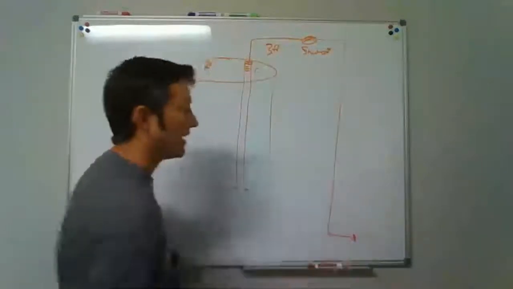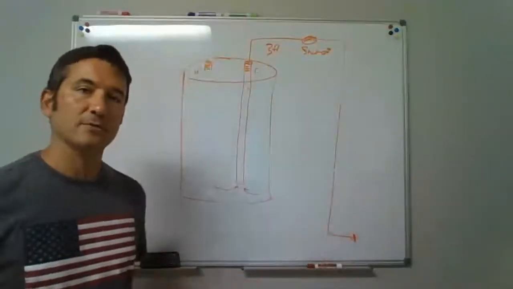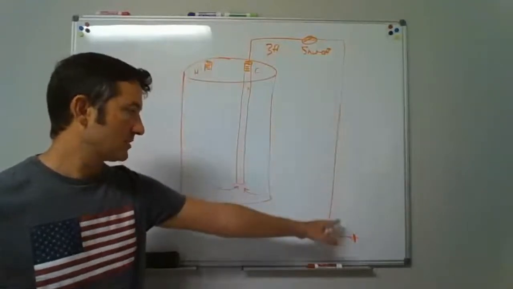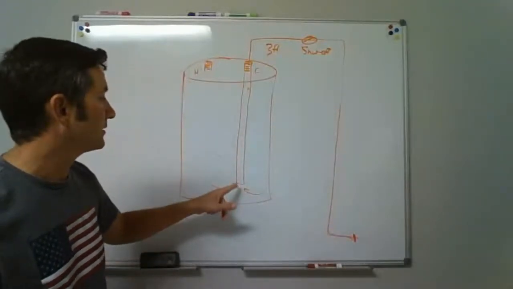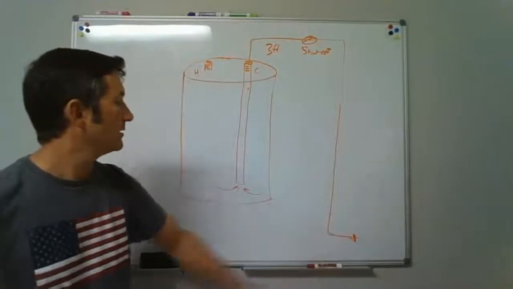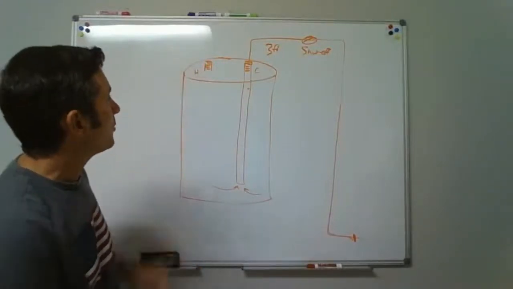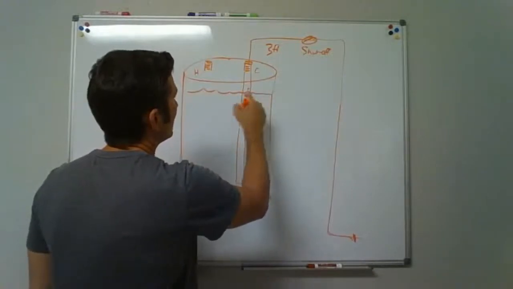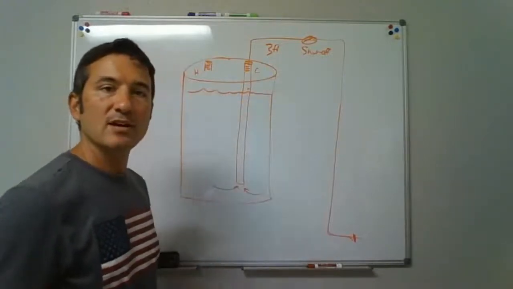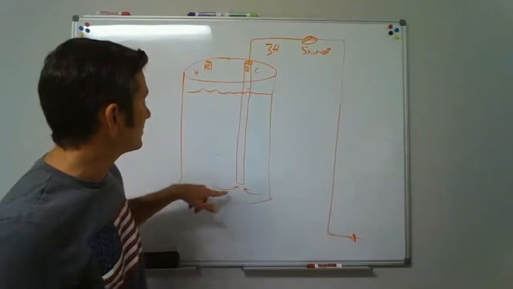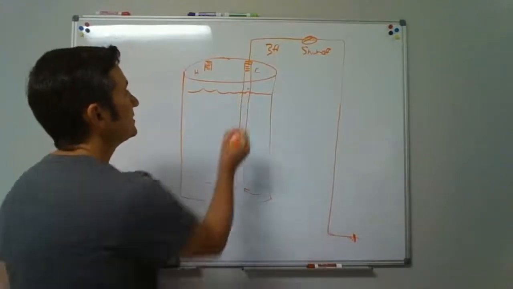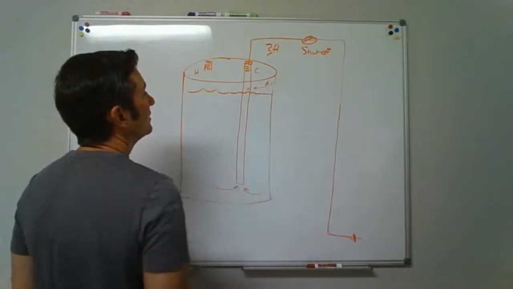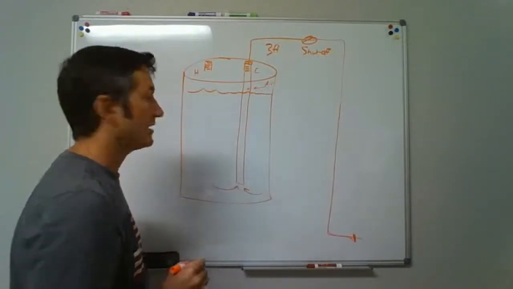fills up the tube. We're creating a siphon. We cut it, water started to drain, and as it drains, it starts to pull water in because this part is higher than where we cut. Now, as the water level gets lower, as soon as it gets below the hole in that tube, all of a sudden, instead of sucking water up the tube, it's going to allow air to draw in here, and it will stop the siphon.